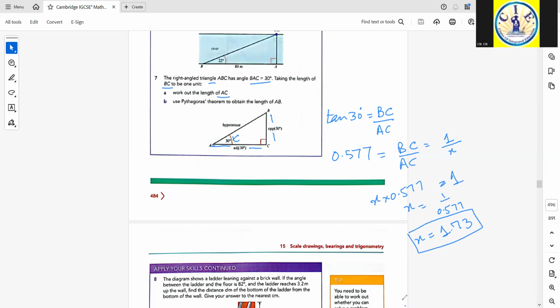That means the length of AC is 1.73 times the length of the side BC. Okay, then for part B, use Pythagoras theorem to obtain the length of AB.